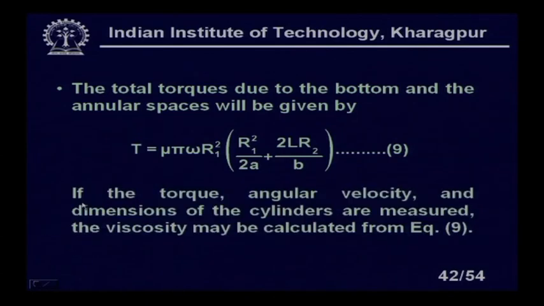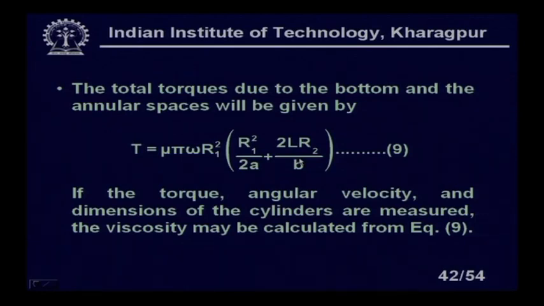Now, angular velocity and these are all constants. So, if the torque is measured, angular velocity is measured, and the dimensions of the cylinder, that means R 1, R 2, L, A, B, are all known to us, then the viscosity may be calculated from equation 9.